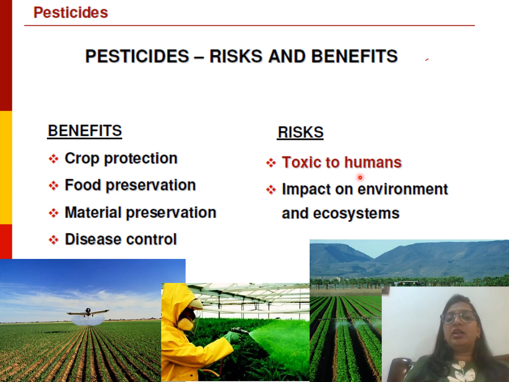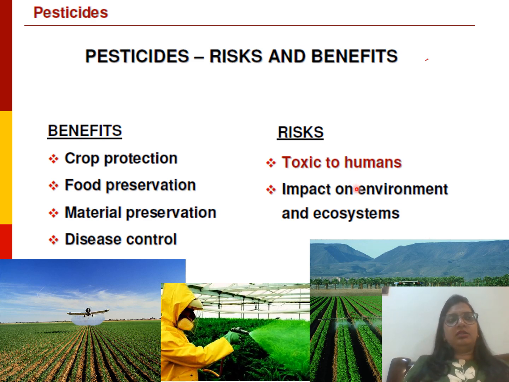But we cannot ignore their negative impacts. Pesticides have negative impacts on human health as well as on the environment. If we talk about specific categories of pesticides, some pesticides are bioaccumulated in the environment, so they may affect our food chain or food system.